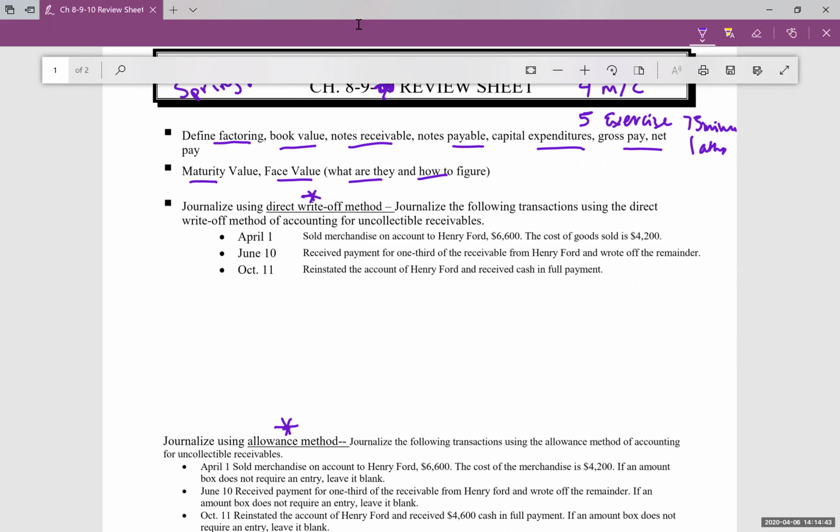So remember, when we do the direct write-off method, we automatically hit bad debt expense and write off the receivable. So April 1st, this is actually recording the sale. They sold some merchandise to Henry Ford, $6,600, cost of goods sold is this. So to review that, the journal entry on April 1st is AR Henry Ford, $6,600, and record the sales.